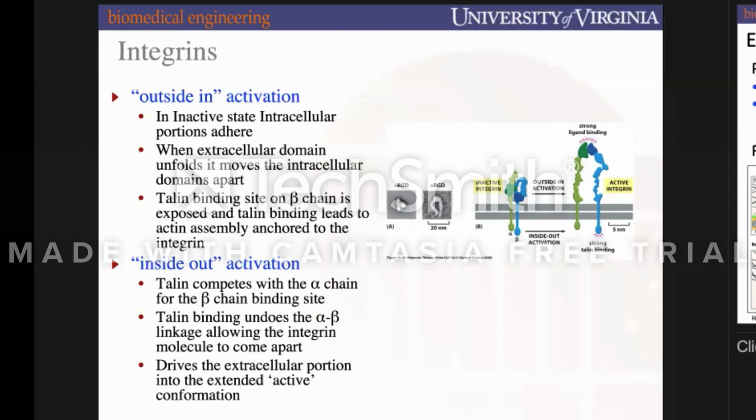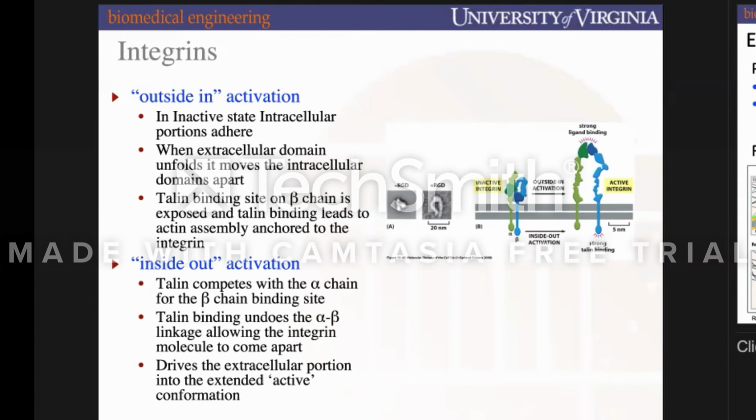So it'll elicit a conformational change, and it'll go from a bent and inactive conformation to an extended and active conformation. But what's important to know is that when integrins are in the inactive conformation, the intracellular components are close together. When it's active, they separate, and upon their separation, that will leave space open for other proteins to come in.